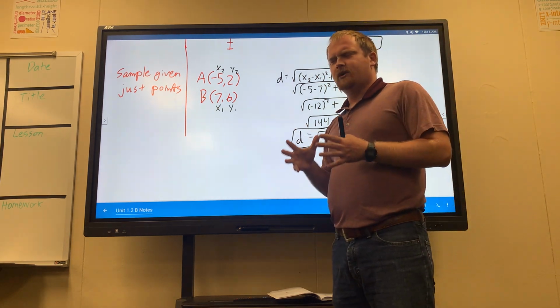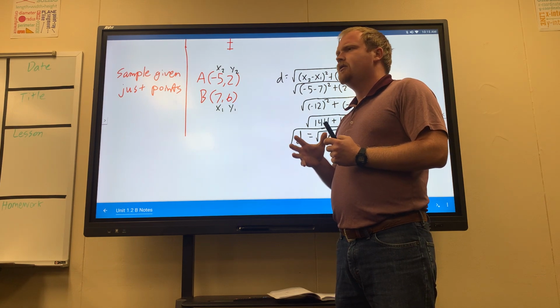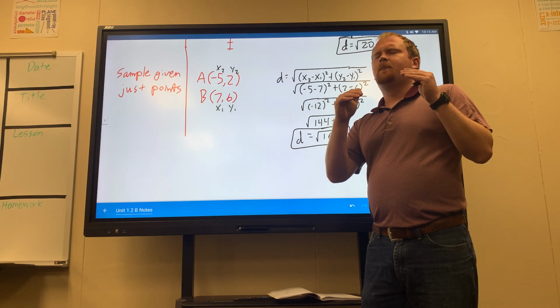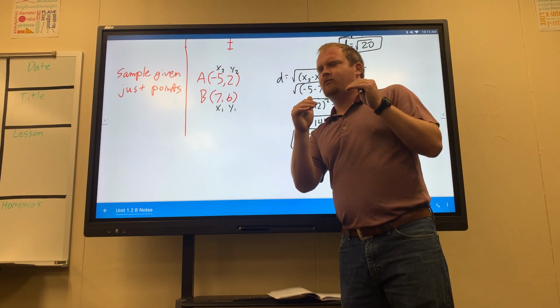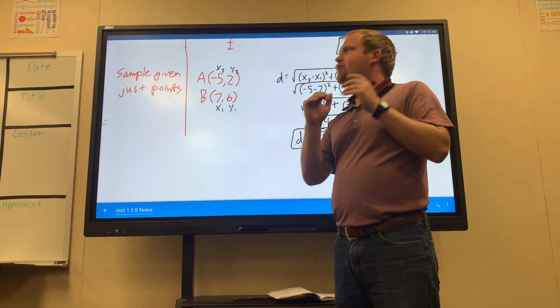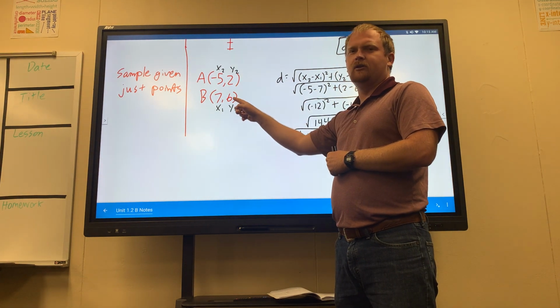Whenever we're trying to find the distance using the distance formula, we just have to keep in mind that x1 pairs up with y1 and x2 pairs up with y2 as far as labeling goes.